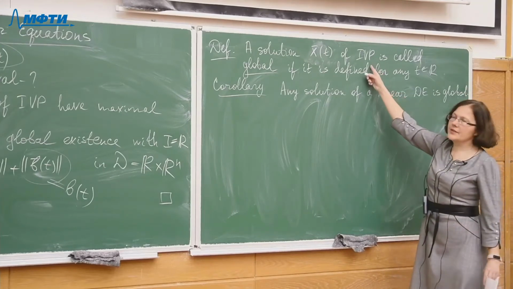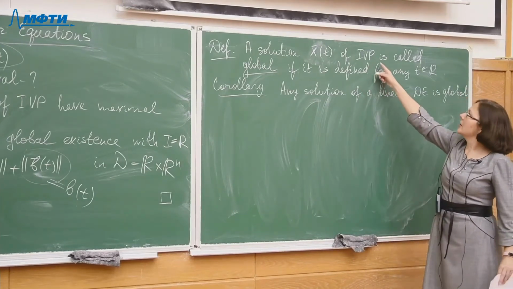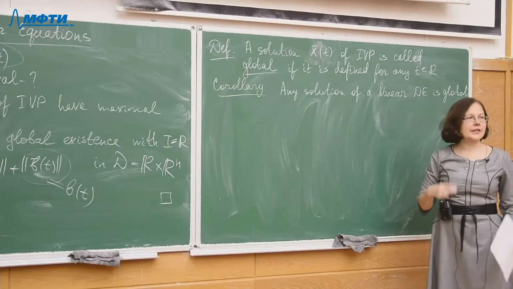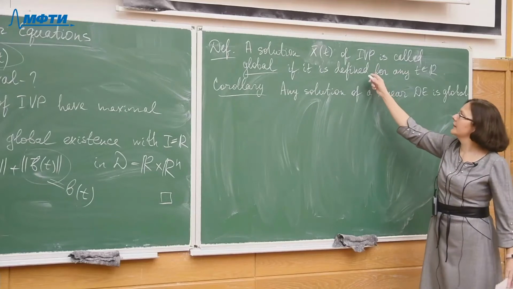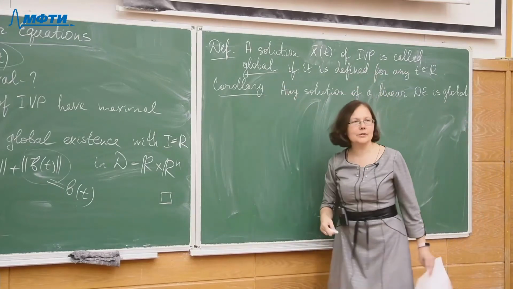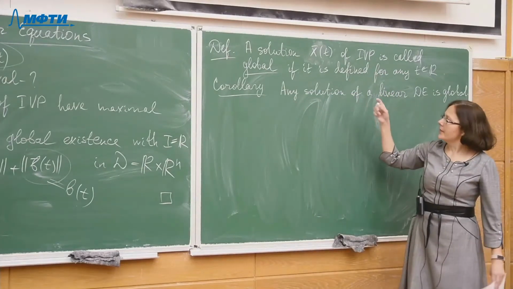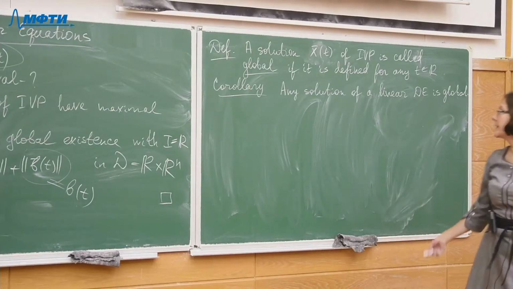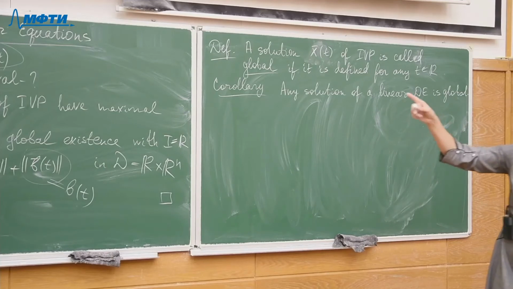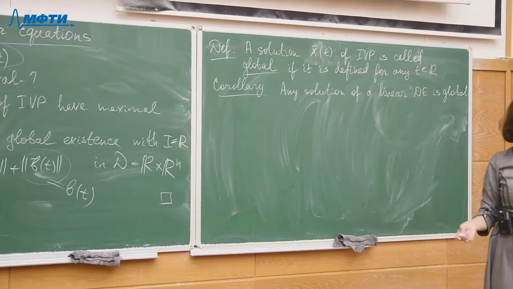This definition is general, for a solution of any initial value problem, not necessarily linear. So this is the definition of a global solution, and the corollary says that any solution of a linear equation is global.